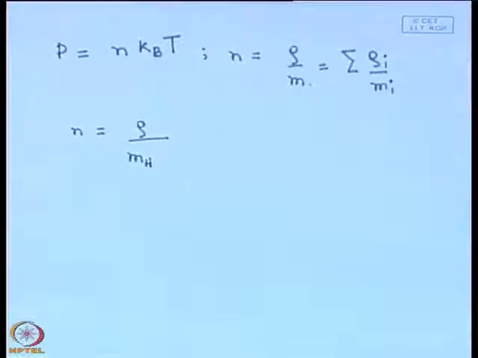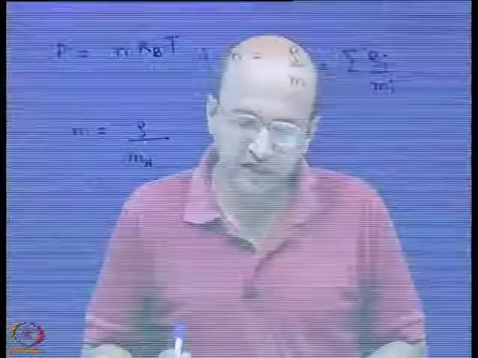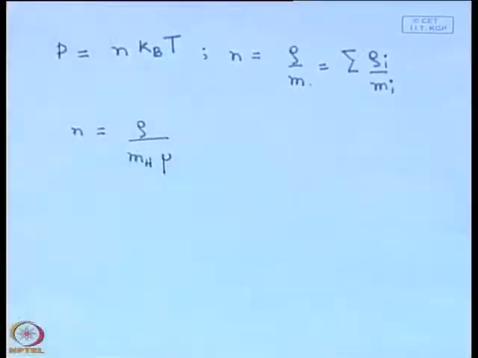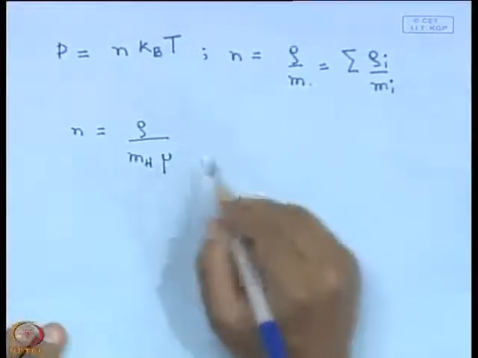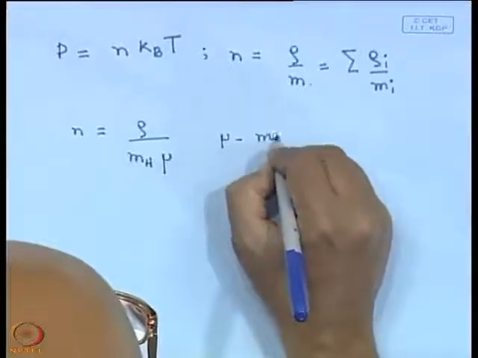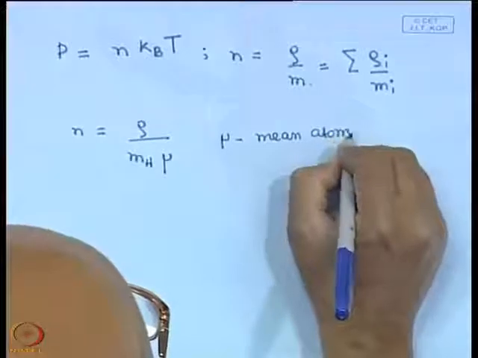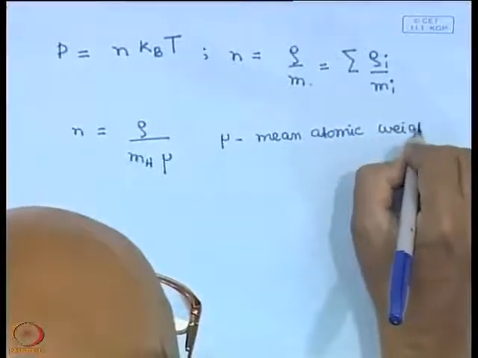So if it were purely hydrogen atoms, this is the number density that you would have, times this factor mu, which is the mean atomic weight of the constituents. Okay, so mu is the mean atomic weight.